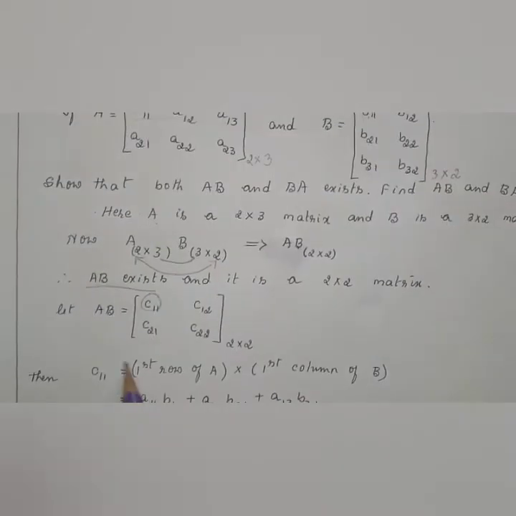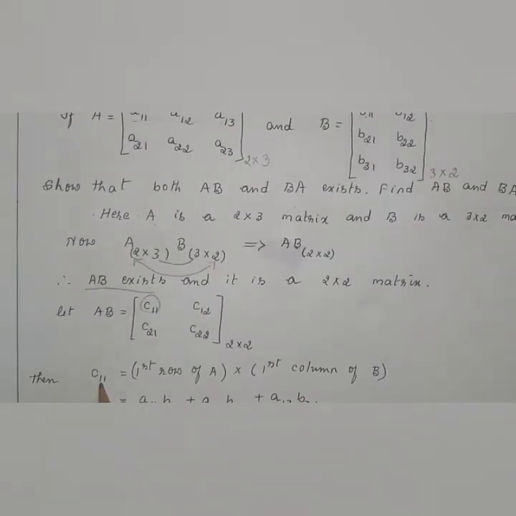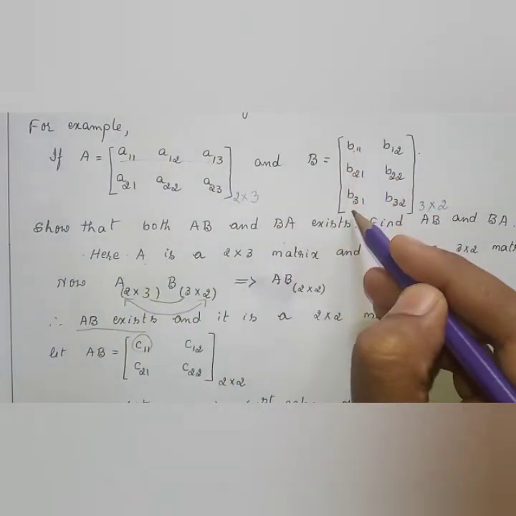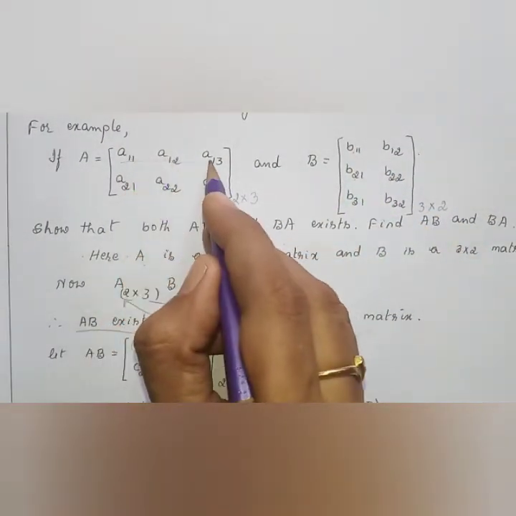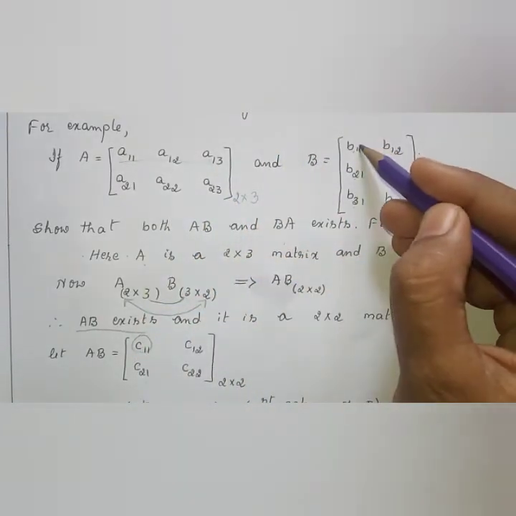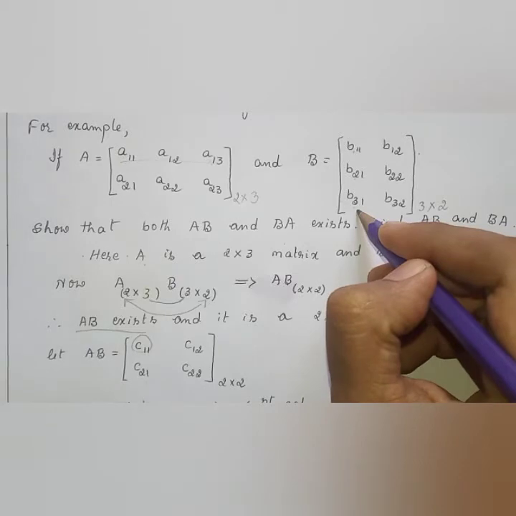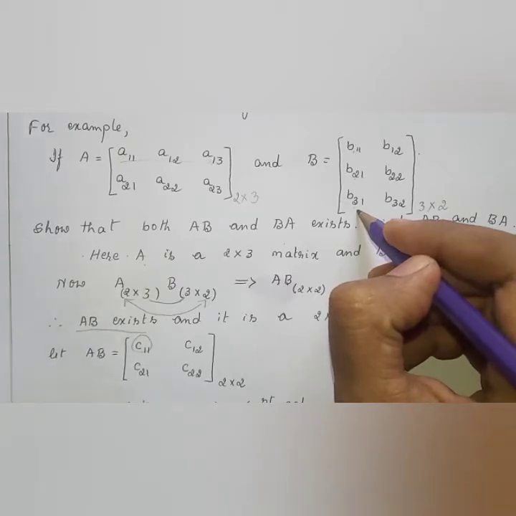So this is the entry C11. First row, first column. Multiply the entries of the first row by entries of the first column. That is the first entry of the product AB.